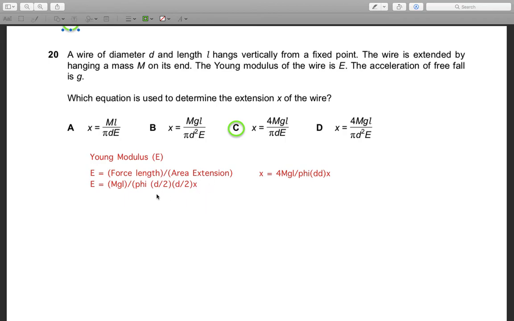If we simplify, the 4 goes up, and mgL is still here, over pi D squared times x. So this is the same as this equation. So the answer is C.